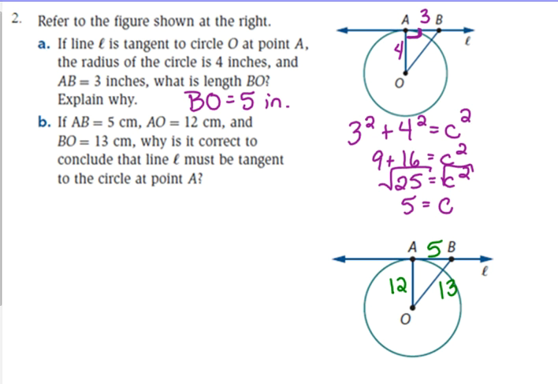Any ideas of what we should do to show that it is actually tangent? See if it's a right angle. How do we test if it's a right angle if we have the measures of the legs? If that's a right angle right there, what should these 3 measurements satisfy?